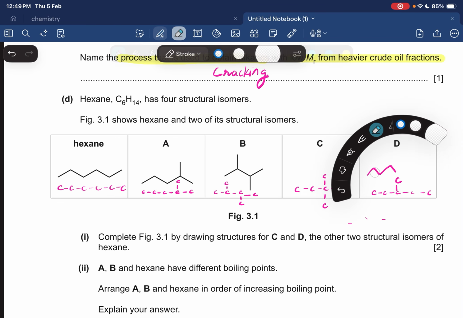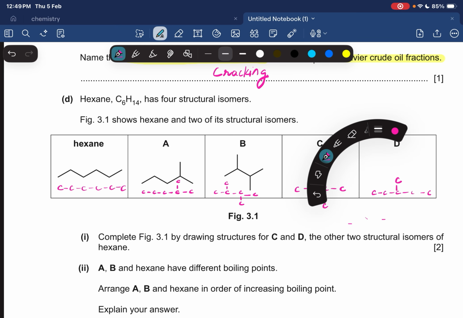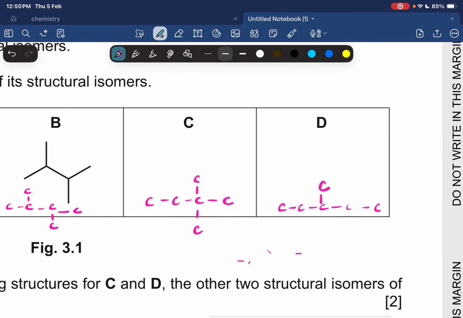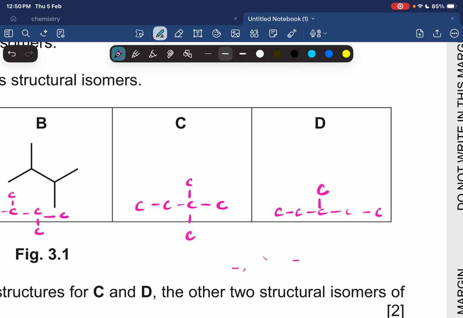No, bro, you gotta draw it beautifully. So 1, 2, 3, 4, 5. 1, 2, 3, 4. This looks awful. I gotta make it aesthetically nice. 1, 2, 3, 4, 5. On the third carbon, I have a methyl chain, right?